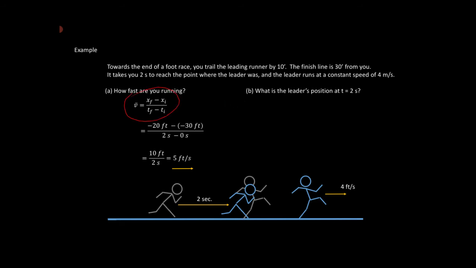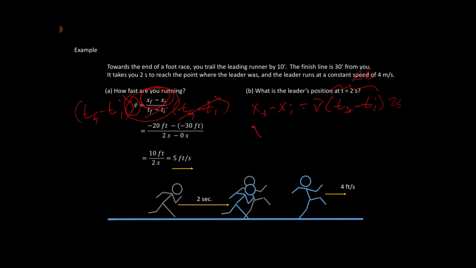Now we can multiply both sides by tf minus ti, so this part cancels that, and you have xf minus xi is equal to v bar, your average velocity, times tf minus ti, which is your delta t. So this was our 2 seconds.